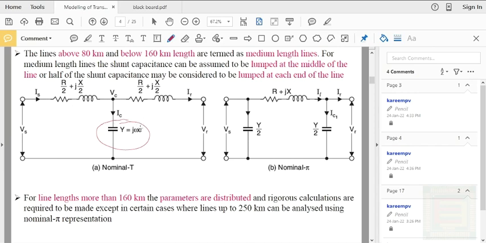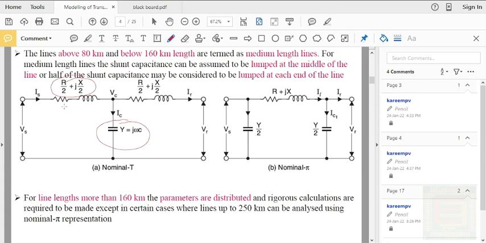So we are considering the reactance contributed by that capacitance as a lumped element at the center of the transmission line, and half of the other parameters on each side. Here the resistance of the transmission line is R, and the inductive reactance of the transmission line is X, so half of the line impedance is considered to be lumped at the starting of the transmission line, and half will be represented at the ending position, after the capacitance.